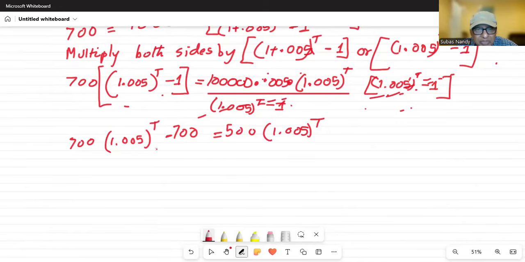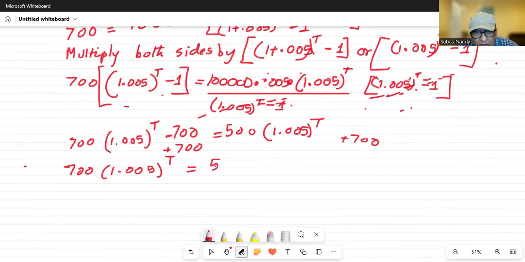Now I will add 700 on both sides. So the left hand side becomes 700 times 1.005 exponented to t. The two 700s cancel out. I have 500 times 1.005 exponented to t plus 700.